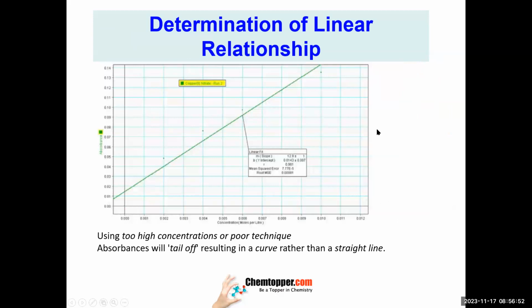You can make a graph. If you have not made any error, you'll get a straight line. See, this is the straight line. This is absorbance. This is concentration. So you're getting a straight line, right? My experiment was different. But the readings are here. That shows error, right?